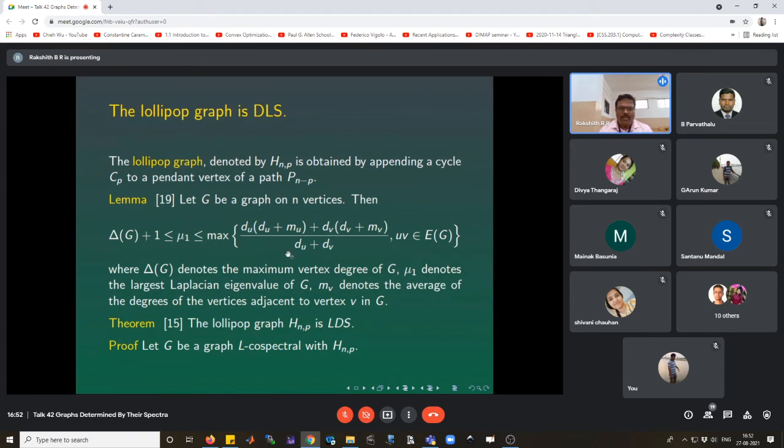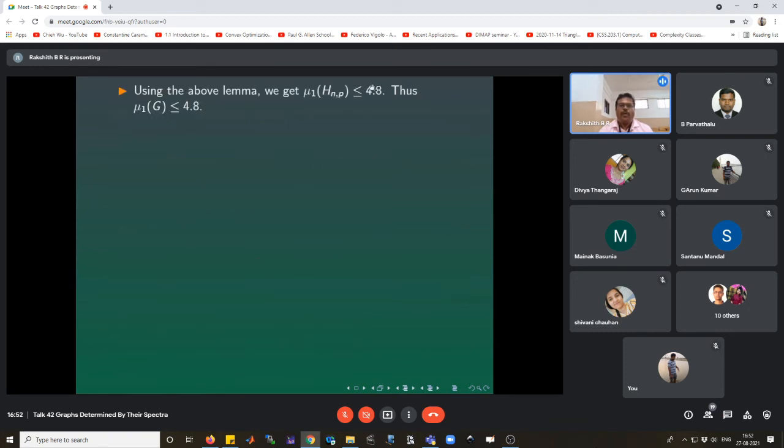And if you compute the maximum of all these quantities, you will get 4.8. Using this lemma, we can deduce that the largest Laplacian eigenvalue of the lollipop graph is less than or equal to 4.8. Since G is co-spectral with this lollipop graph, the largest eigenvalue of G is also less than or equal to 4.8.